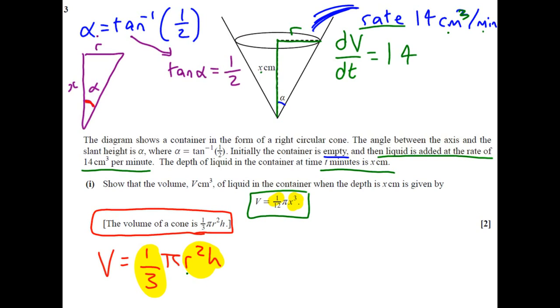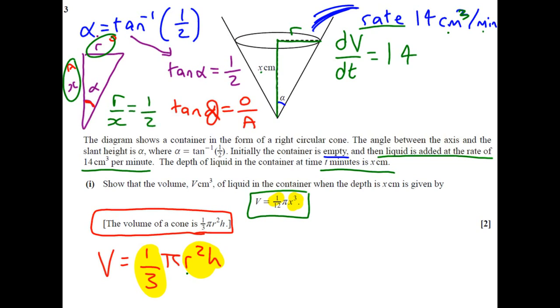Tan of any angle is opposite over adjacent. Okay, opposite the angle is here, adjacent is here, and that's a half. So these are in the ratio of a half. Okay, so we can basically say that r over x is a half.